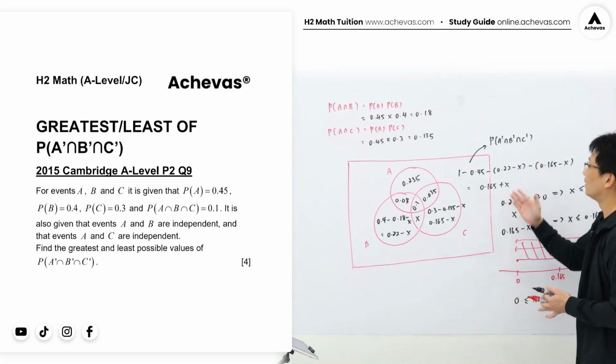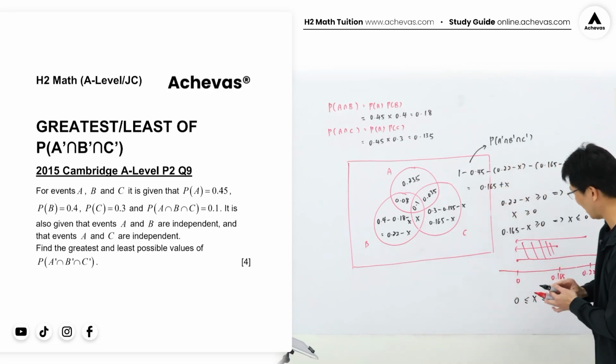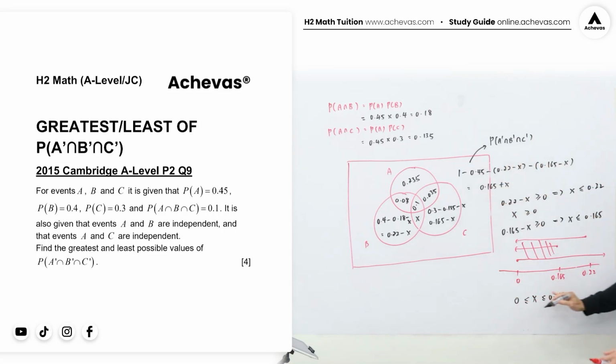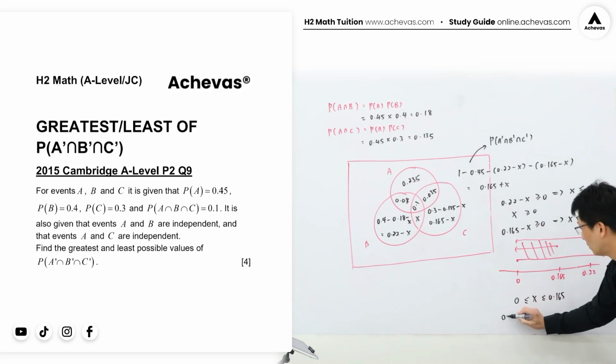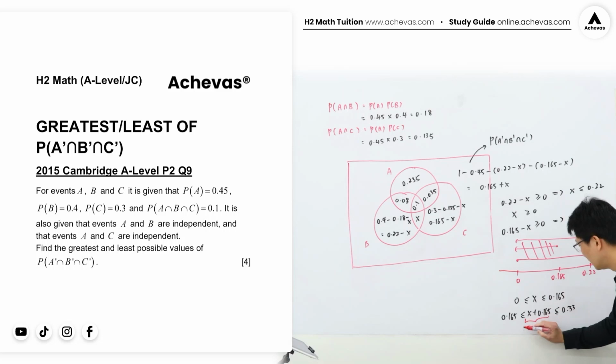Since A prime intersect B prime intersect C prime is represented by 0.165 plus X, I'm going to add 0.165 throughout this expression. The upper end gives me 0.165 plus 0.165, which is 0.33. This is my probability of A prime intersect B prime intersect C prime.